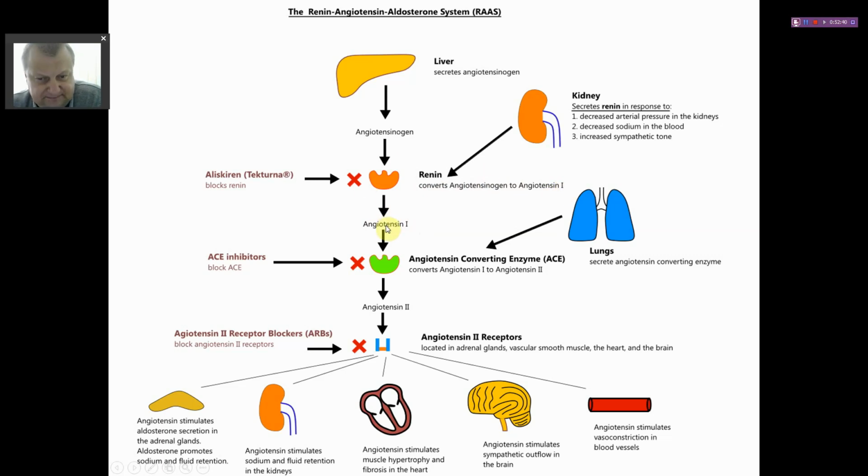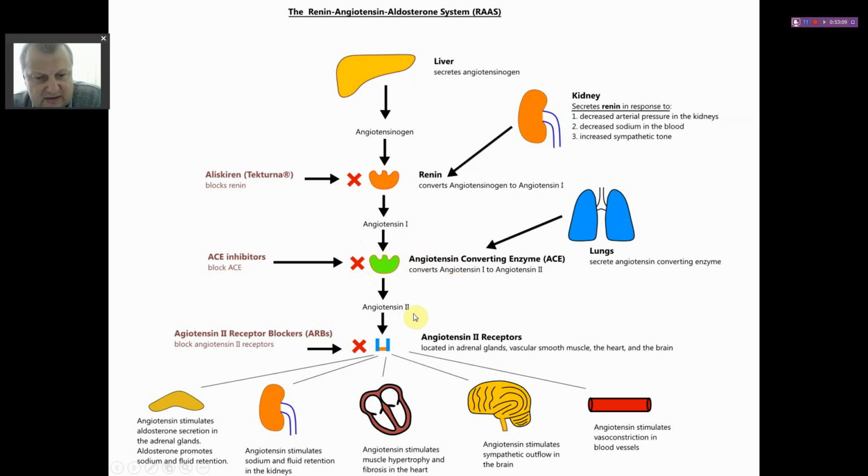Then we have the lungs. This organ secretes angiotensin conversion enzyme, and this enzyme could convert angiotensin 1 to angiotensin 2. The main reaction is the proteolysis in this case.